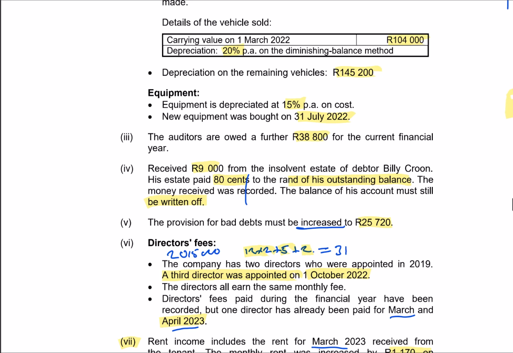So now to calculate the total, the amount that we need to deduct from the director's fees, right, that will be 2,015,000 divided by 31, that will give you 65,000.